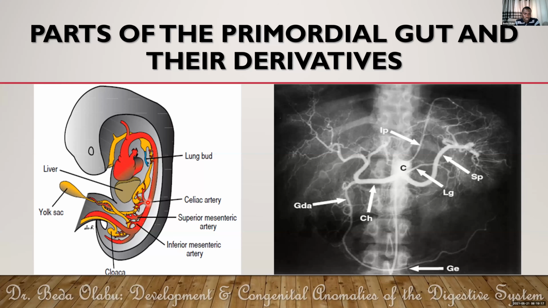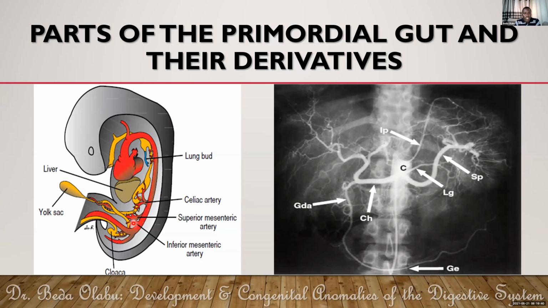The artery of the foregut is the celiac artery. The artery of the midgut is the superior mesenteric artery, and the artery of the hindgut is the inferior mesenteric artery. They are all anterior branches of the abdominal aorta.